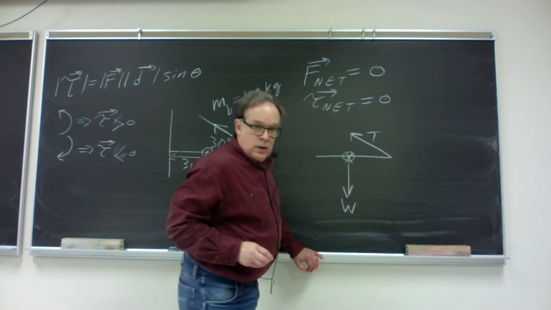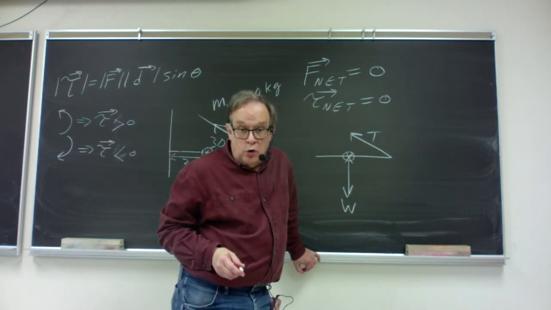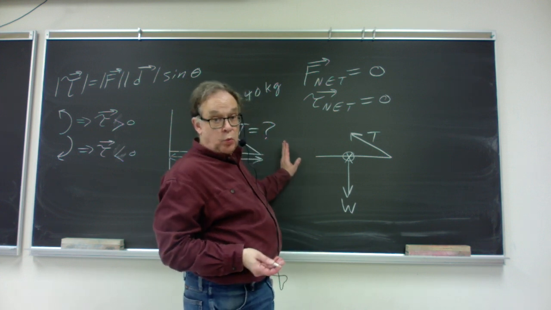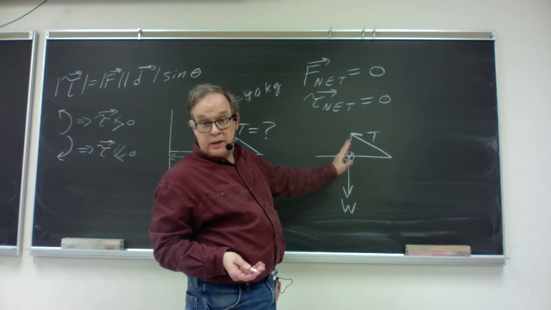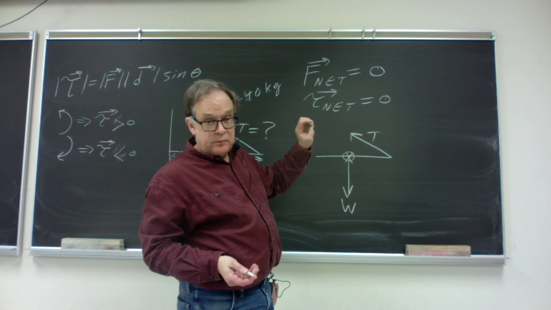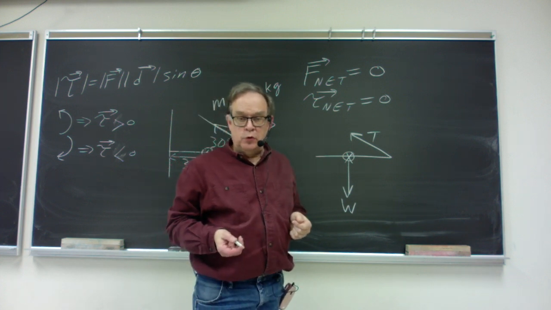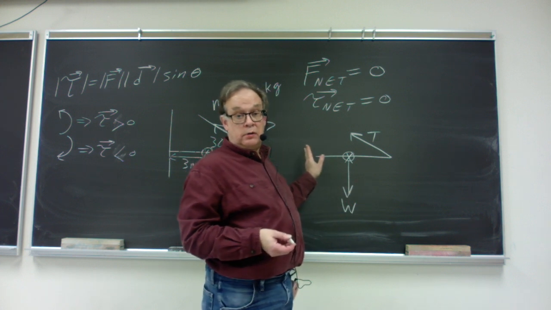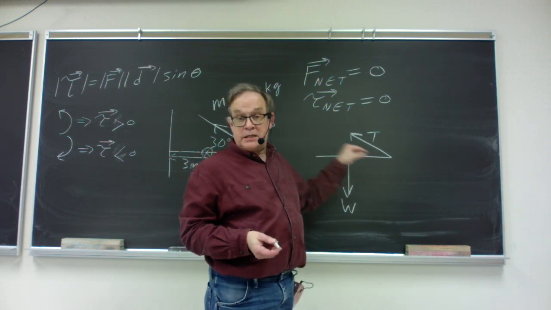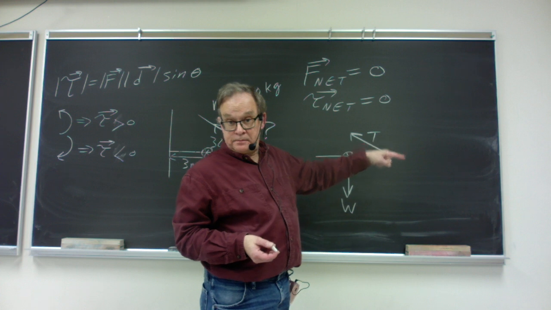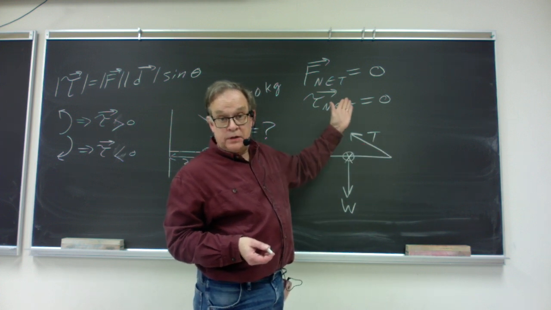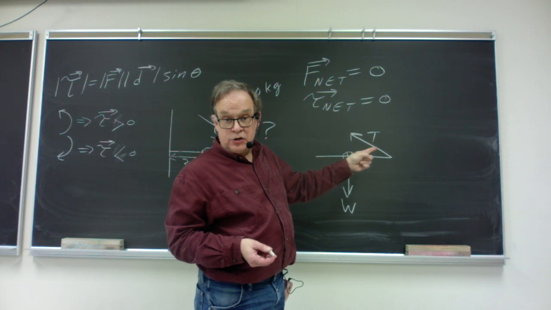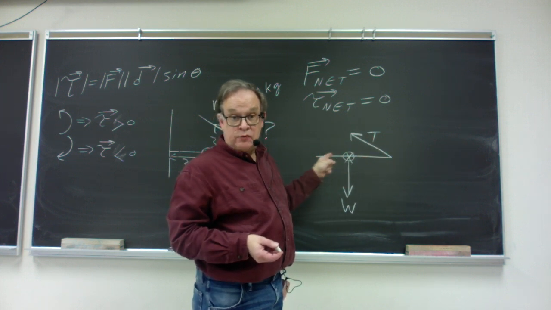Okay, that's two forces, and we know there must be one more force. There must be a force from the wall on the beam. We don't know much about that force from the wall on the beam. The one thing we do know is that the force from the wall on the beam has to have a rightward component, because the net force on the beam is 0, and this tension force has a leftward component.